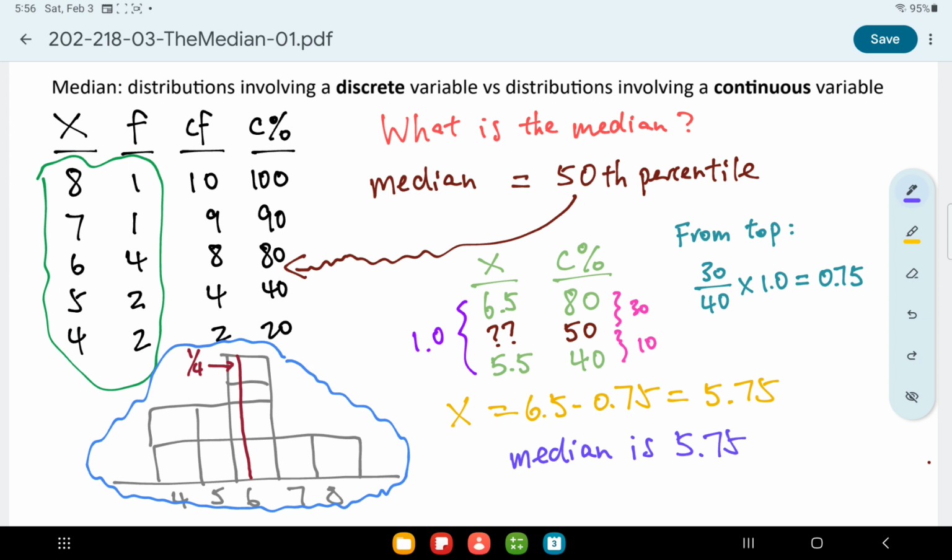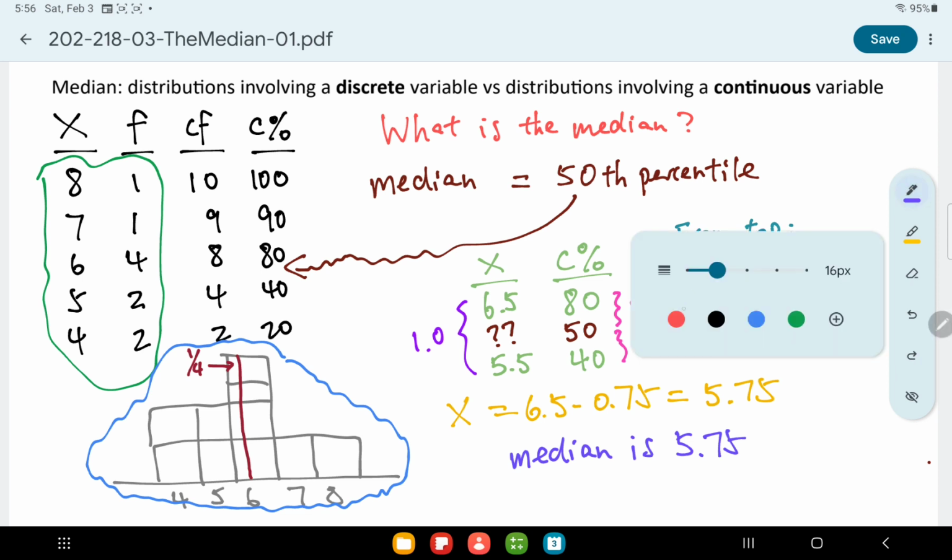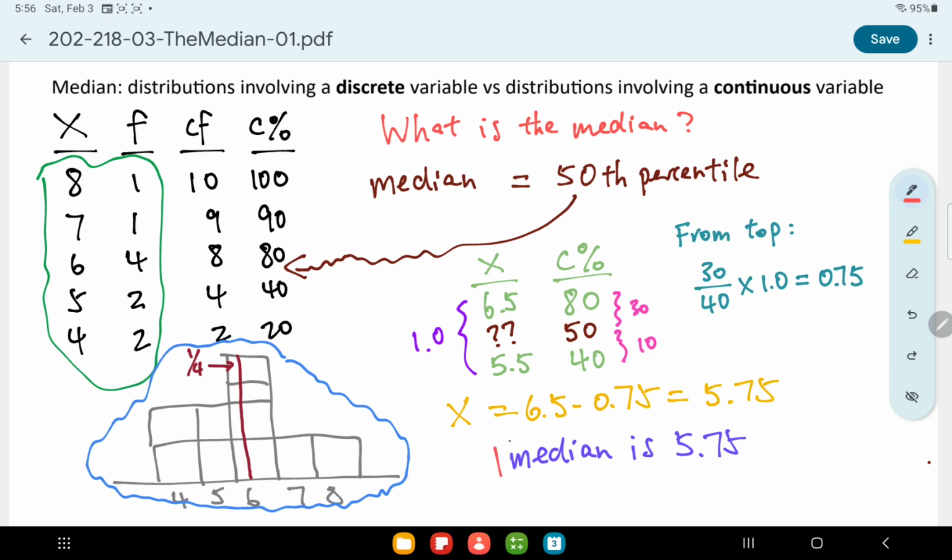The 50th percentile is x equals 5.75, which is the median. This is the median right here. And if you go back to the previous tutorial, you will see that 5.75 is the exact same answer that we obtained by using the histogram method.